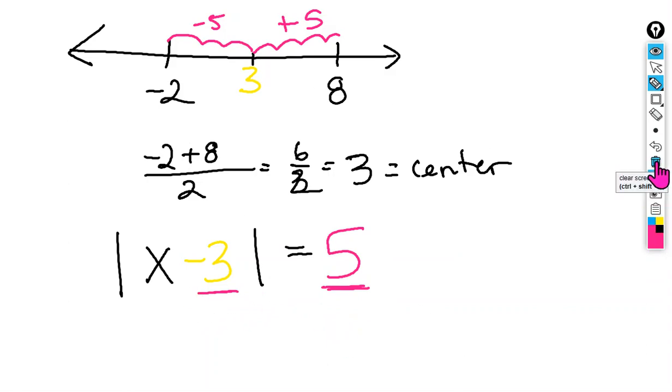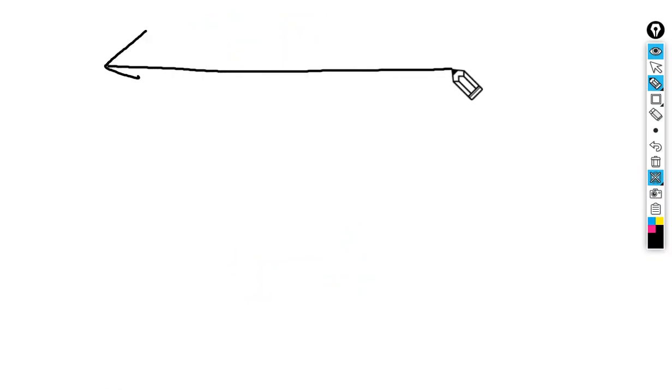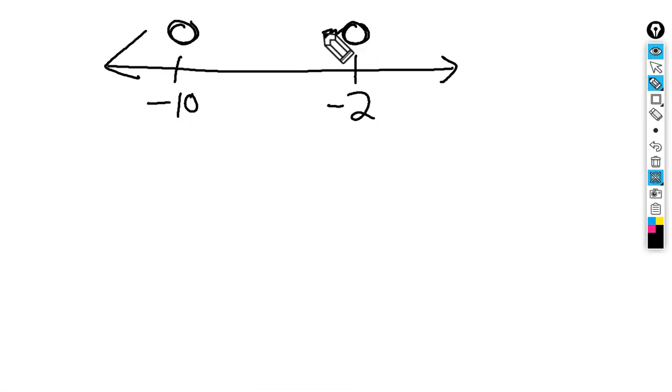All right, let's make this even funkier. Okay, here's our next number line. Okay, let's go negative 10, negative 2, open points, shade between.